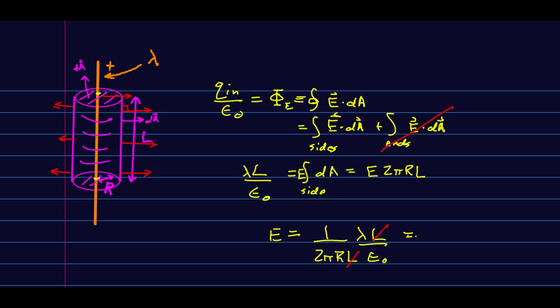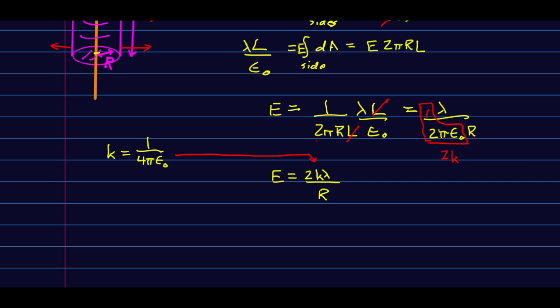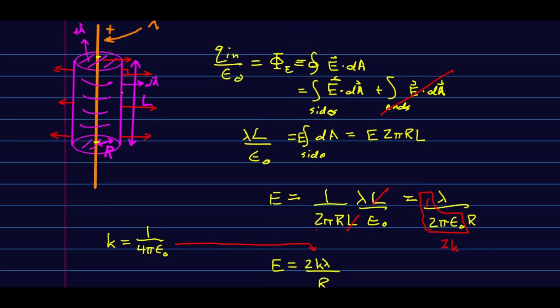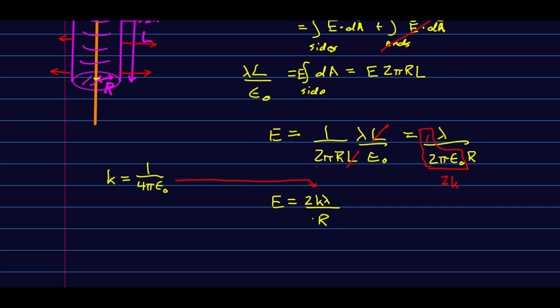And so in the end, I get, after not an awful lot of work, just lambda over 2 pi epsilon naught r. Notice K is just 1 over 4 pi epsilon naught, and we've got a 1 over 2 pi epsilon naught here, so that's just 2K, and so this E field is 2K lambda over R. And so other than the fact that I'm calling the distance from the line R instead of X, this is exactly the result we got for an infinite line back in the E fields unit.